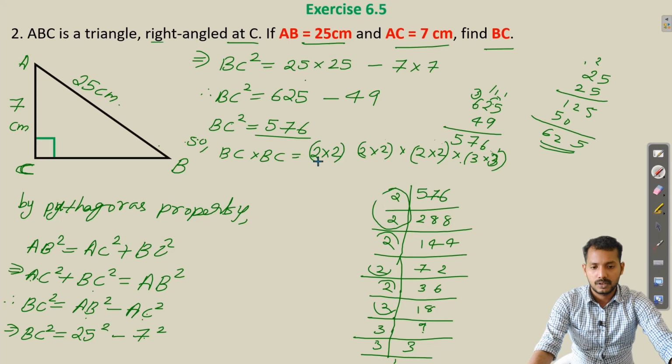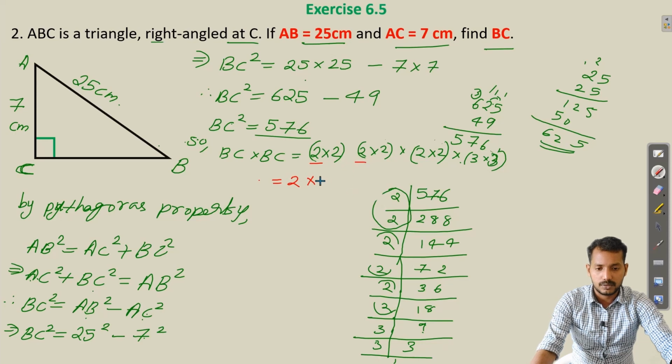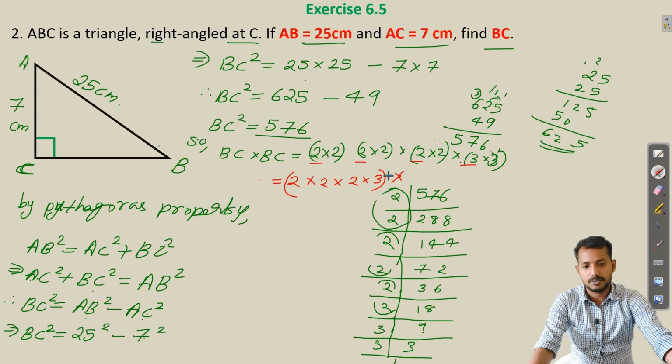See here, from the first pair I have written one 2, then from the second pair one 2, and from the third pair another 2, and from the pair of 3, one 3. I'm just making them into pairs.